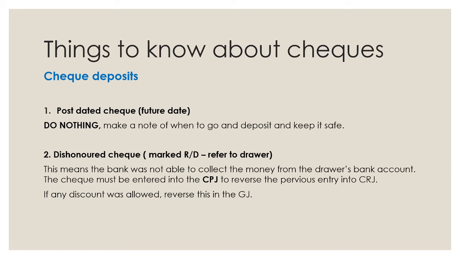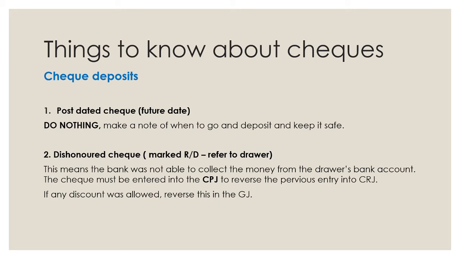So the drawer is now Zayan's client. So if I went and I gave Zayan a check, so Zayan went to the bank, he deposited the check. Now the bank says, sorry Zayan, we can't give you the money because we can't draw that money from the bank account of whoever gave you the check.